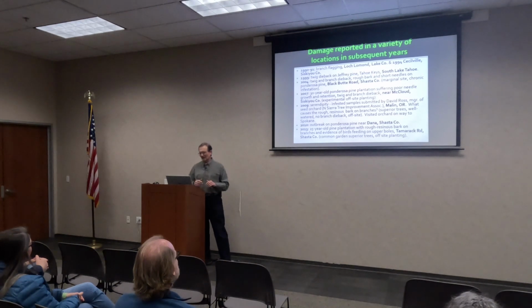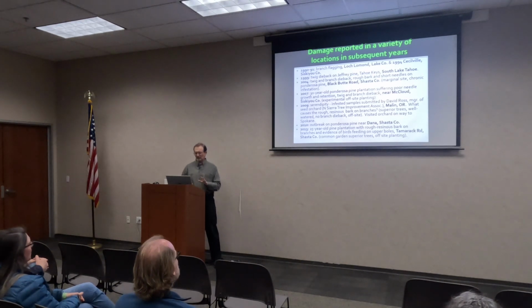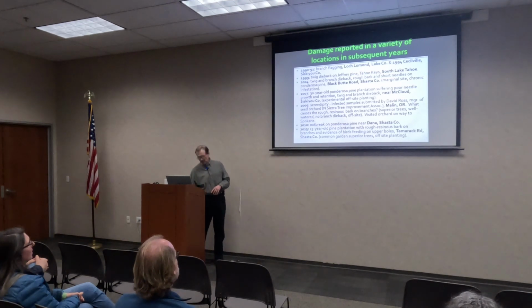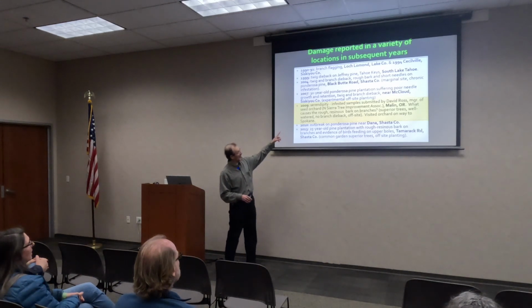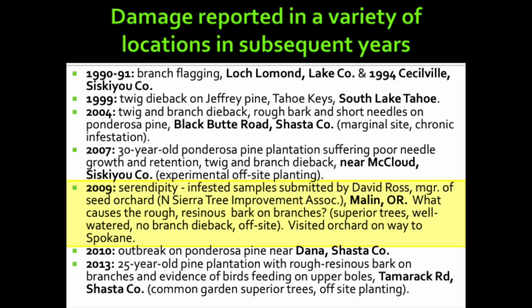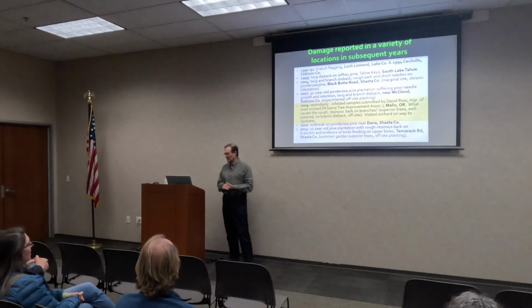But I still was having a hard time finding the insect. You could find evidence of the insect, but finding a live insect was a big challenge for me until 2009, when somebody sent me a whole bunch of samples that had live insects on them. And this was in February, which is when I never looked for this insect before.